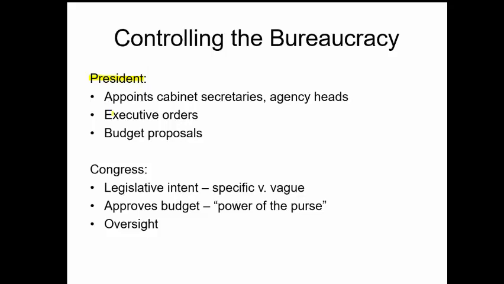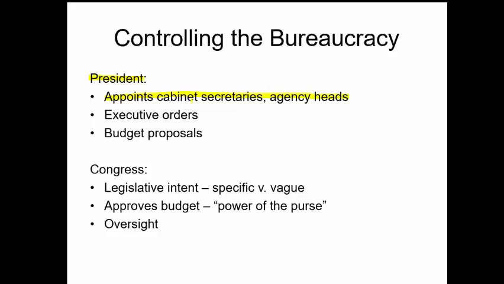And we've already talked about what the president's powers are. He can appoint all of these agency heads. So he is appointing people that are going to be loyal to his agenda, that are going to try to prevent any scandals from coming up and biting his administration in the butt and making him look bad.